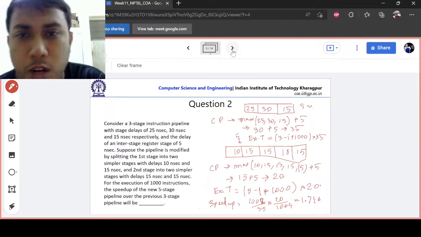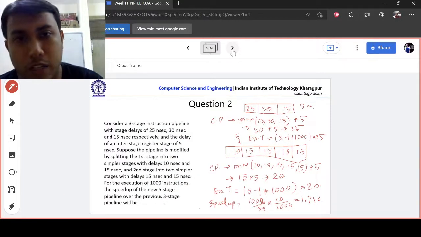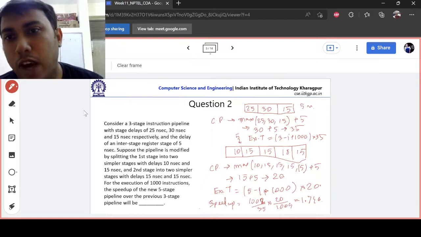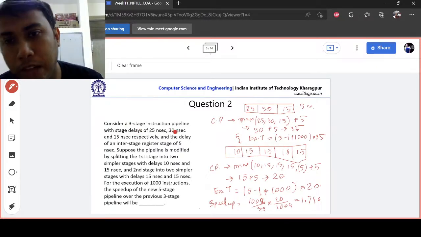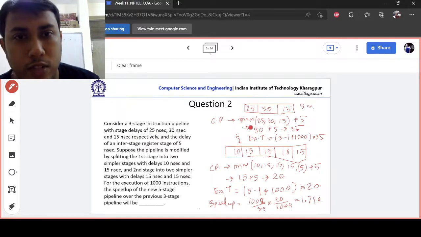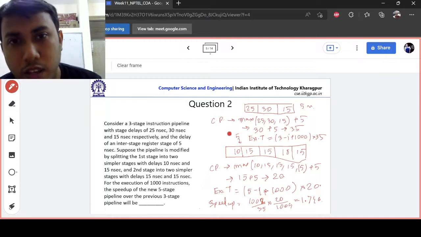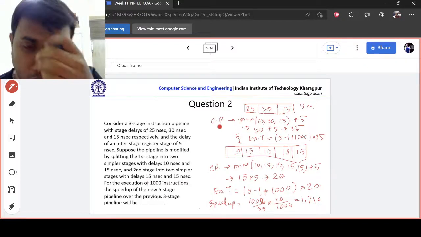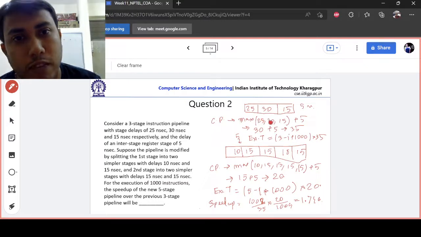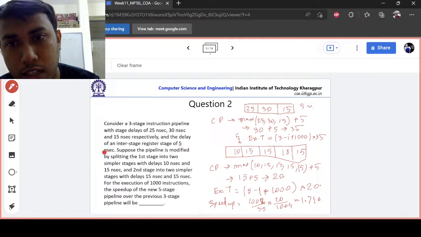Next, if you look at this problem, it says that initially you have a 3 stage pipeline. Each delay is 25, 30, and 15 nanoseconds. So we find the clock period, that is the max of 25, 30, 15, and it is also given that it has a 5 nanosecond interstage delay.